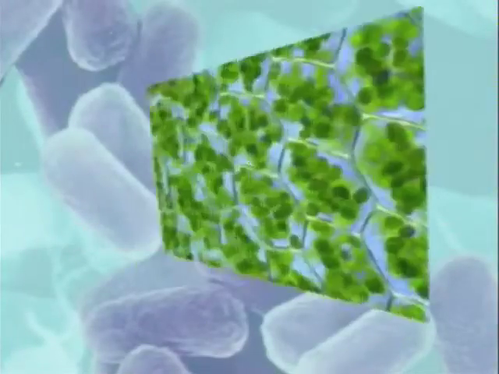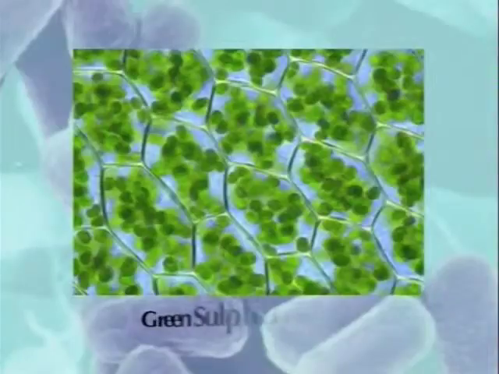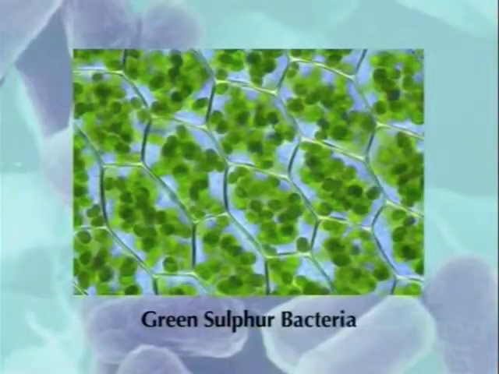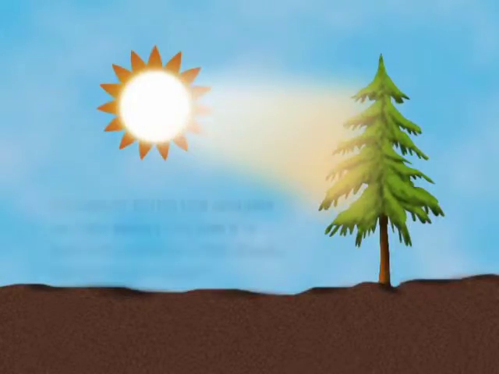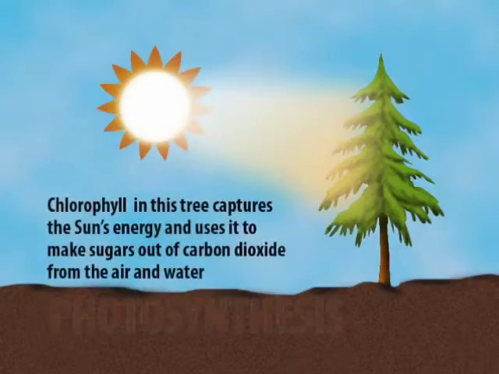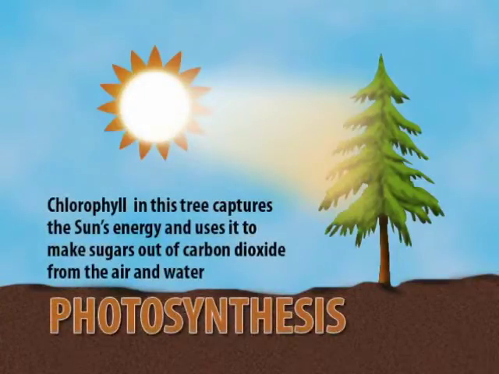Number 1, green sulfur bacteria. These are small, non-motile, rod-shaped bacteria which are strictly anaerobic photo-autotrophs. Their photosynthetic pigment is chlorobium chlorophyll, which is located in the invagination of the cytoplasmic membrane.